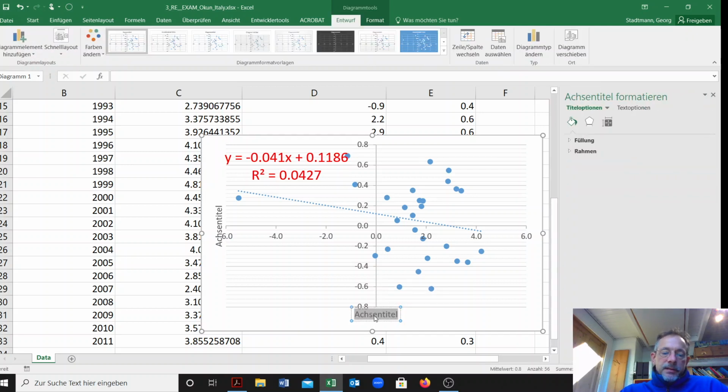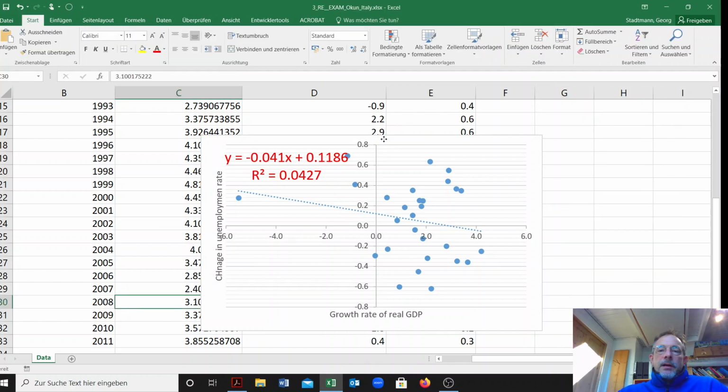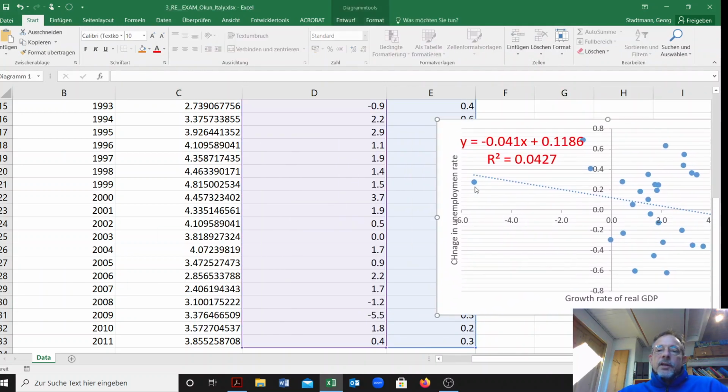This is growth rate of real GDP. And on the vertical axis, this is the change in the unemployment rate. And we are done. Perhaps we should cross-check this point.